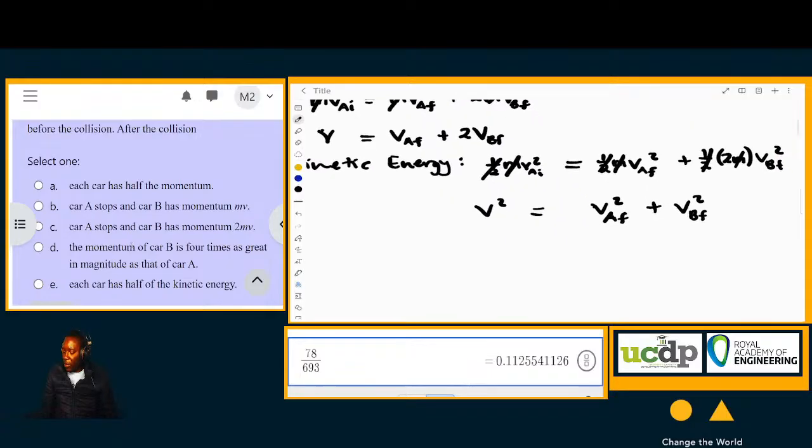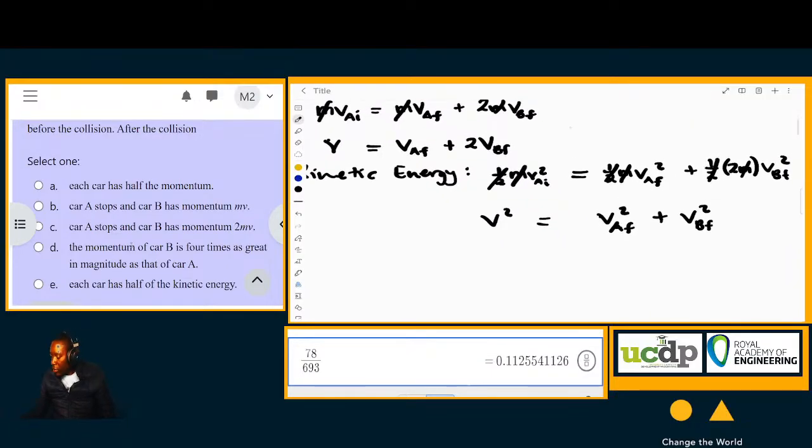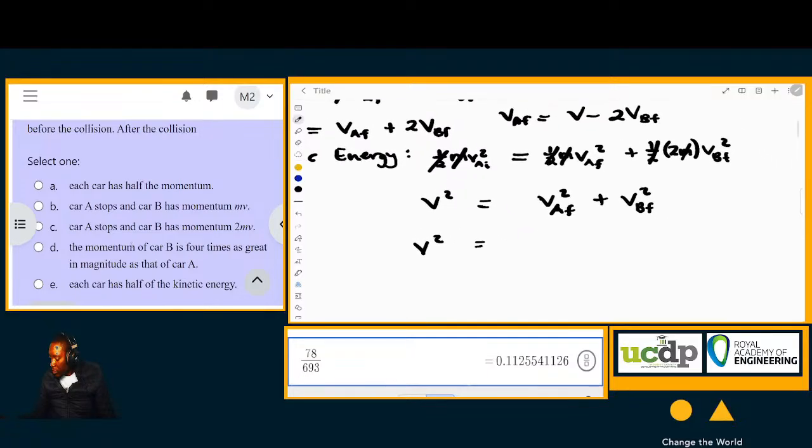According to the first equation, VA final is equal to V minus 2VB final. Such that we've got V squared equals V minus 2VB final, everything squared, plus VB final squared.